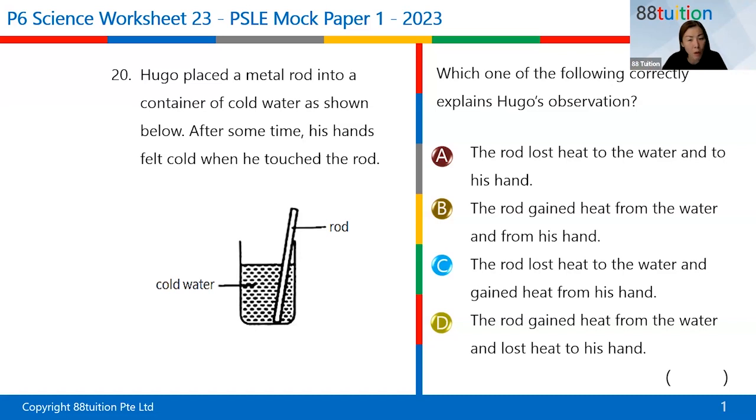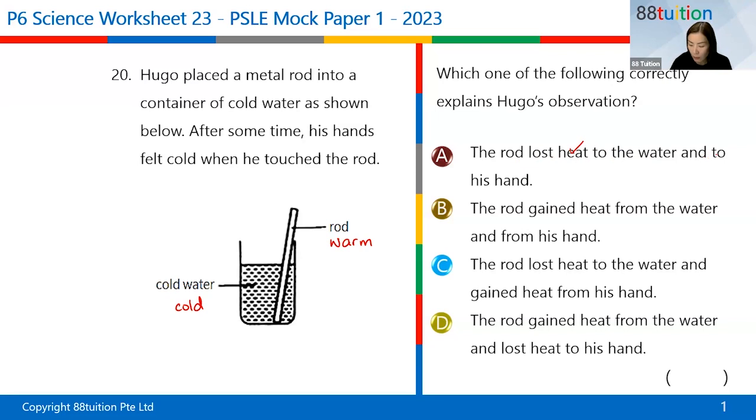The rod is at room temperature, while cold water is definitely below room temperature. So the rod will be the warm region, and the water is cold. So it is correct to say that the rod lost heat to the water, because heat travels from a hotter place to a colder place. This is right.